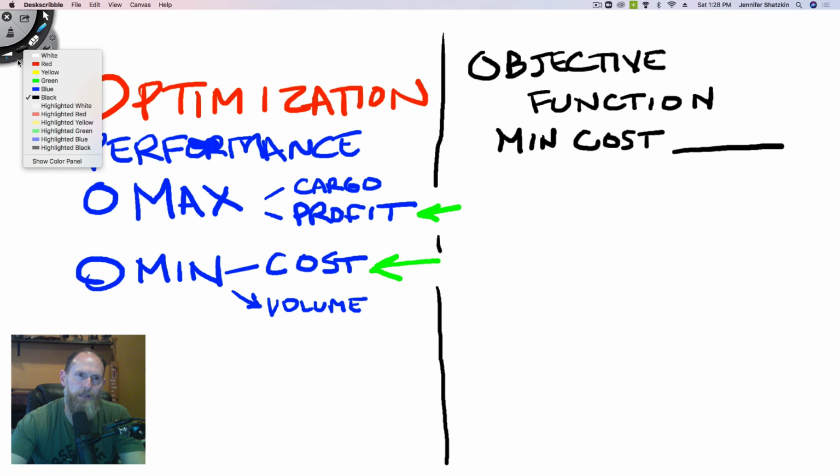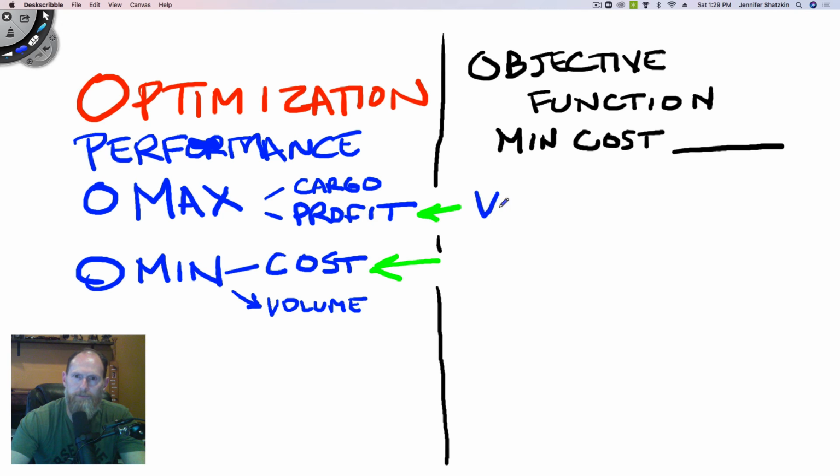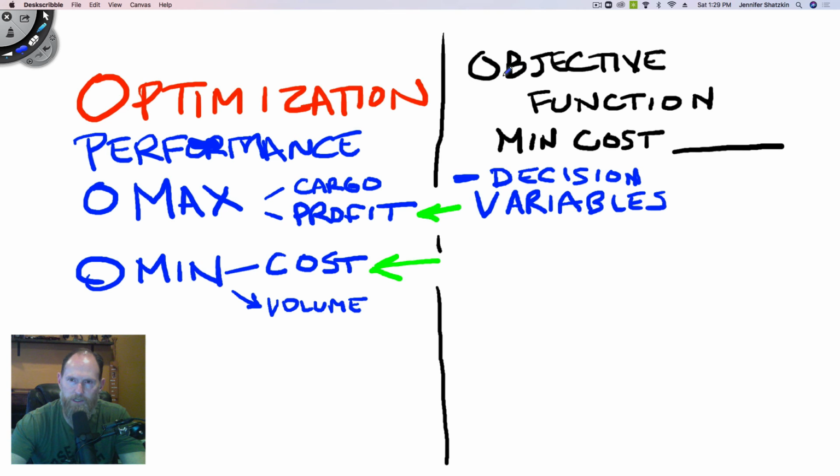Another thing that we need: variables. And we actually call these decision variables. Okay, so we need to define our objective function.